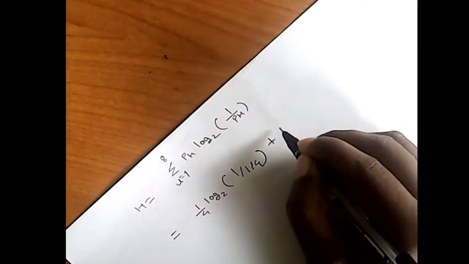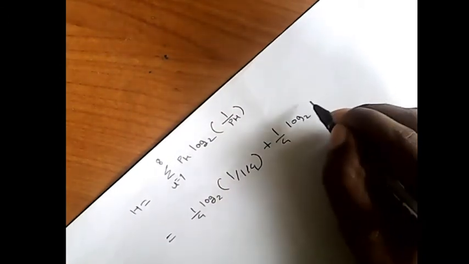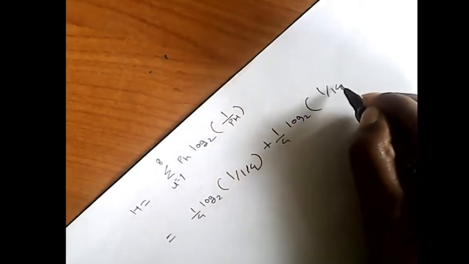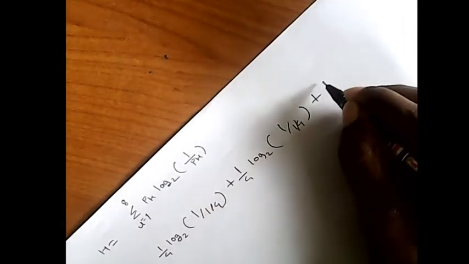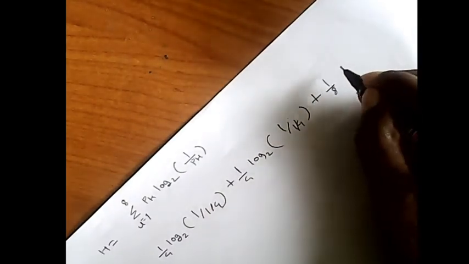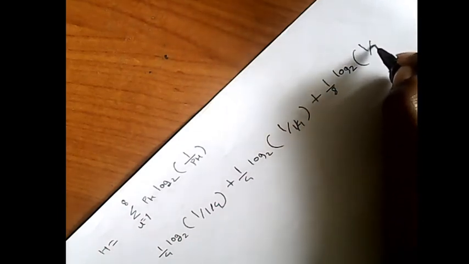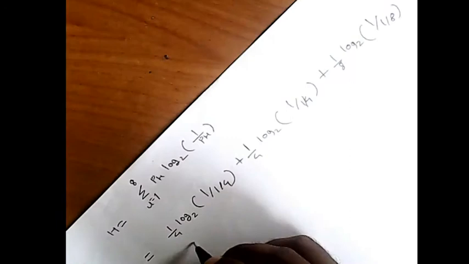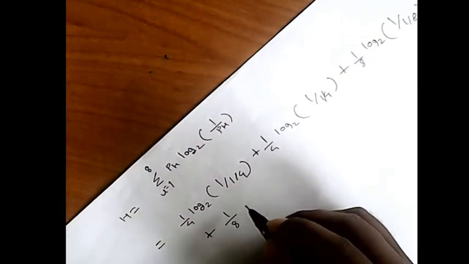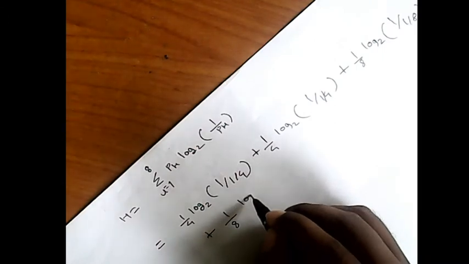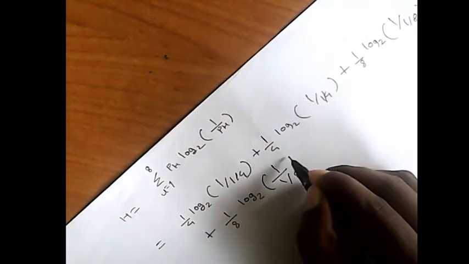Similarly, 1 by 4 log to the base 2 of 1 upon 1 by 4. Similarly for symbol 3, probability 1 by 8 log to the base 2 of 1 upon 1 by 8. Symbol 4, probability 1 by 8 log to the base 2 of 1 upon 1 by 8.